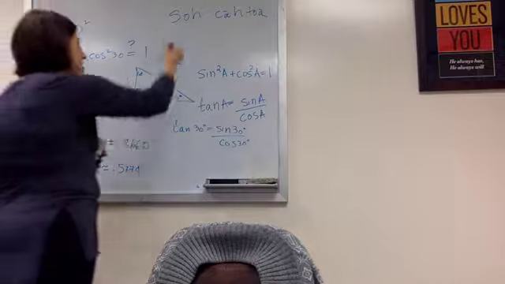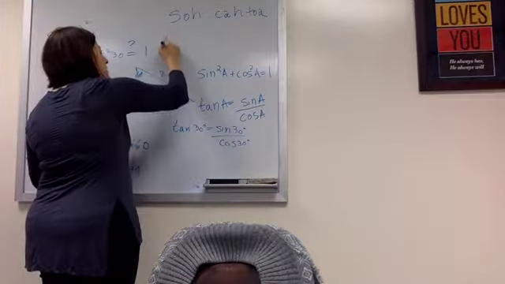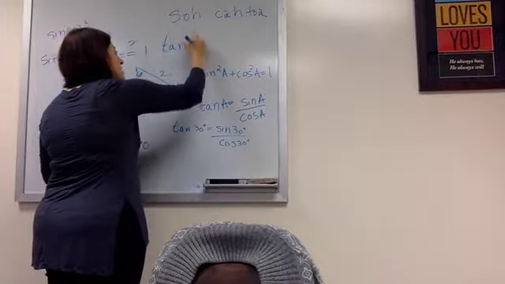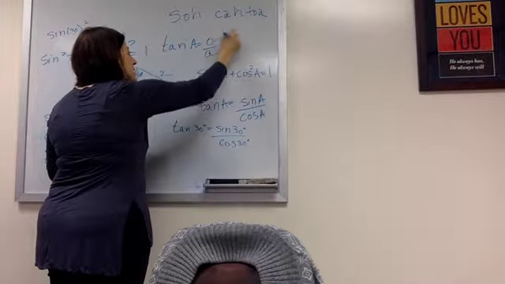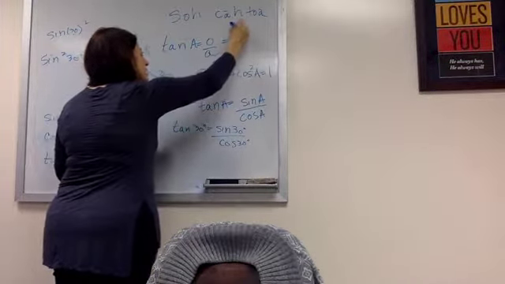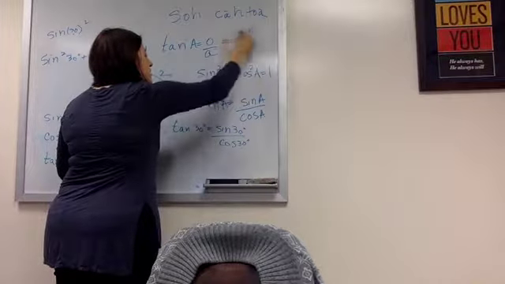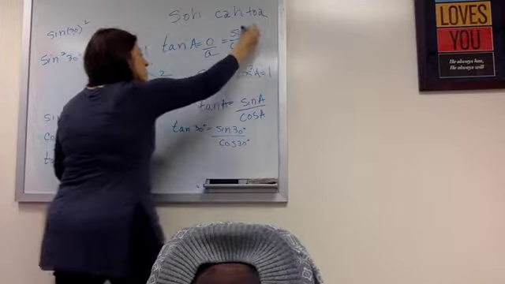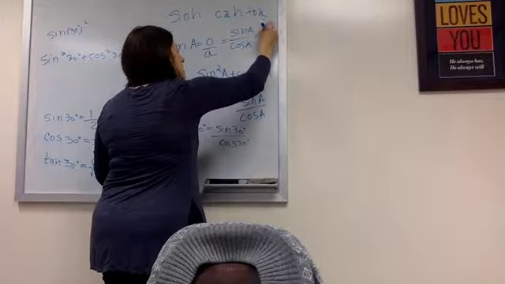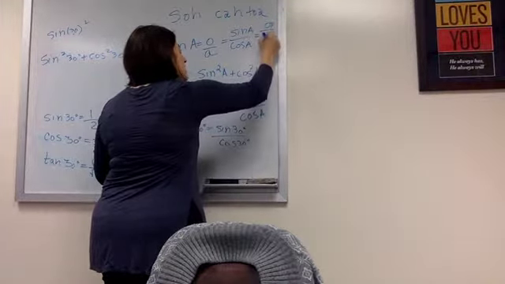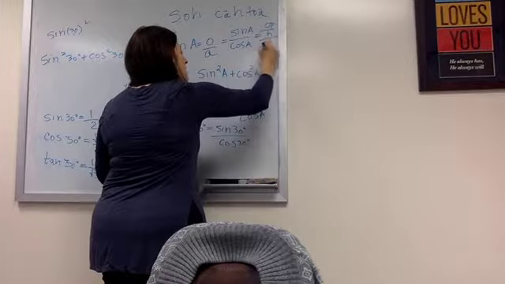All right, why is that? Well, what's tangent? Tangent is equal to opposite over adjacent, right? And we said that's going to equal sine over cosine. Well, what's sine? What's cosine? Opposite over hypotenuse divided by adjacent over hypotenuse.